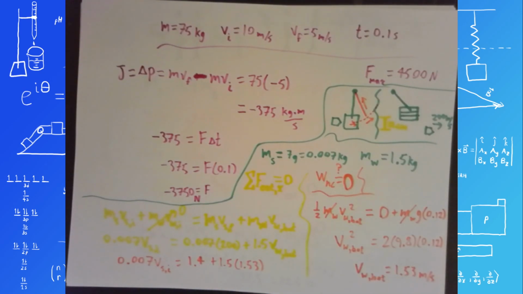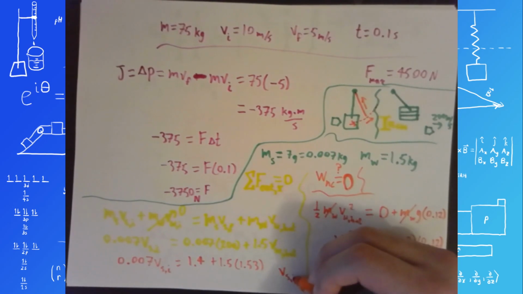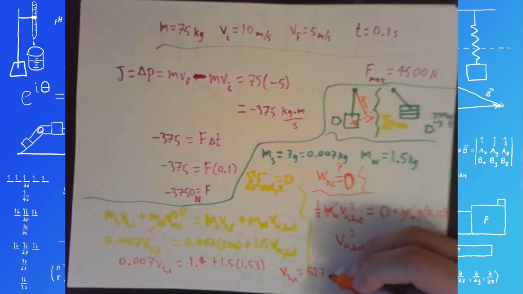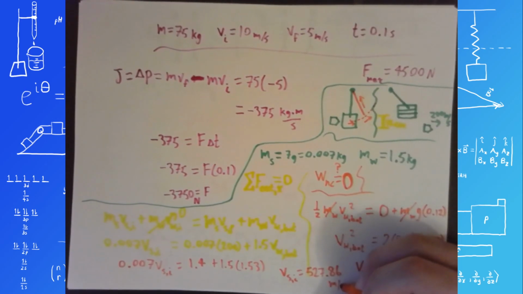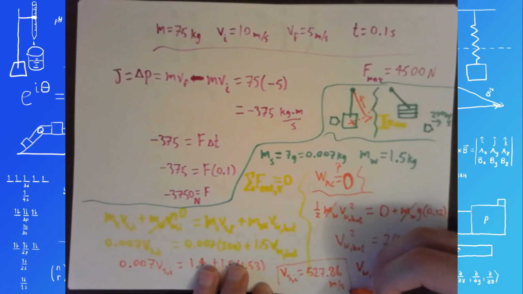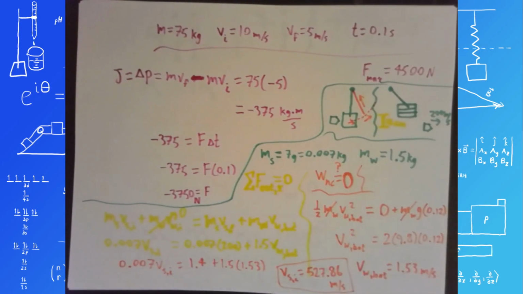So 1.5 times 1.53 is 2.295, plus 1.4 is 3.695, and then 3.695 divided by 0.007 is a whopping 527, point, I'm going to round that to 86 meters per second. That was the initial speed of the bullet when it first collided with the block.